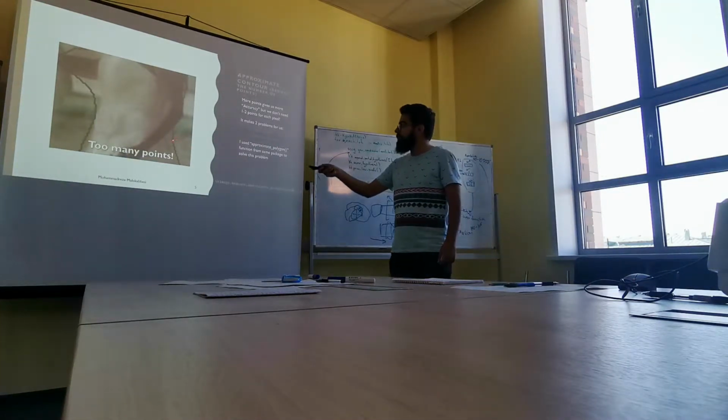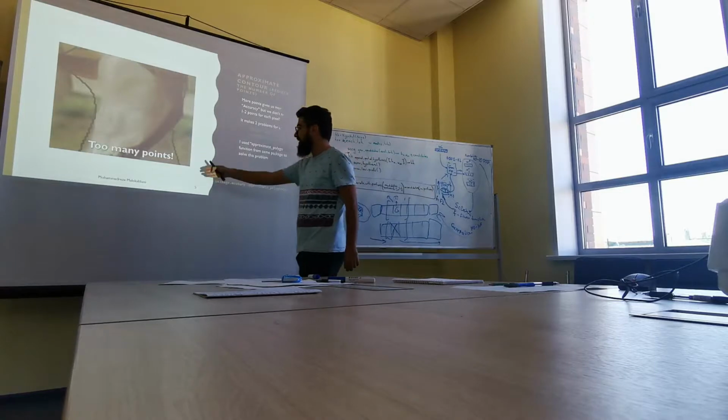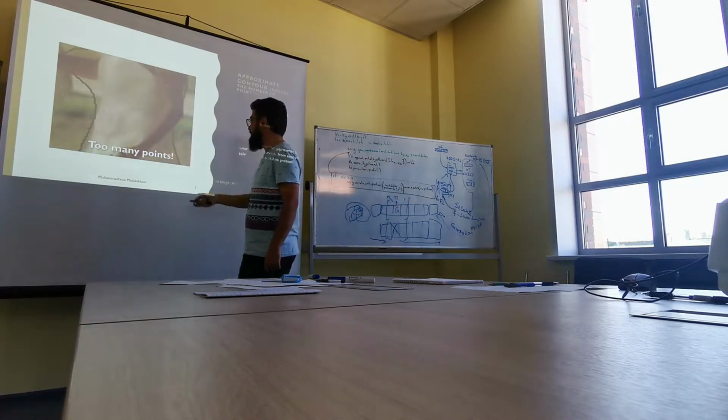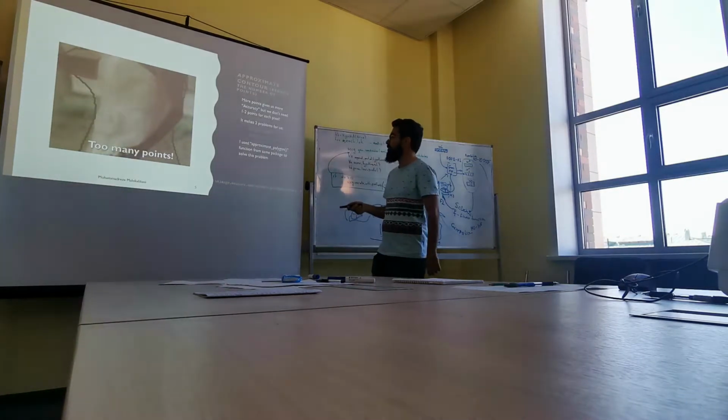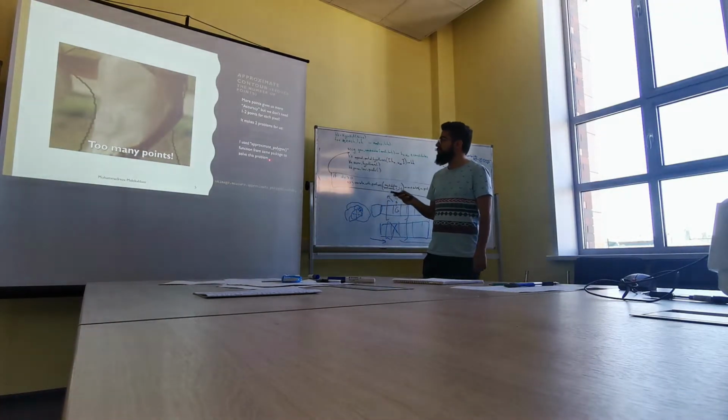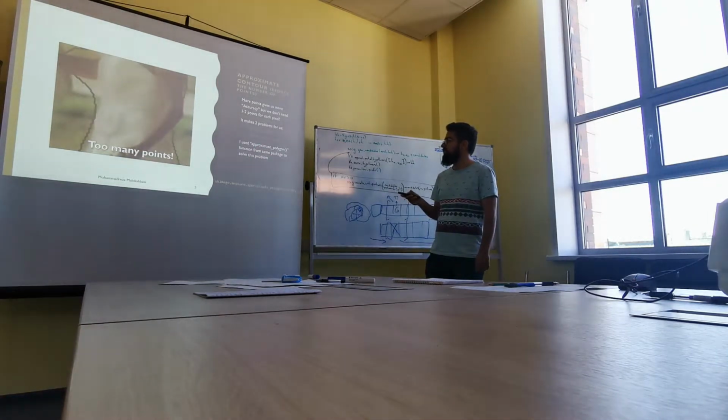So if you want to change and correct these points, it makes it kind of impossible for a human labeler. So I tried to use approximate polygon from the same package, scikit. Yeah, it's the function.